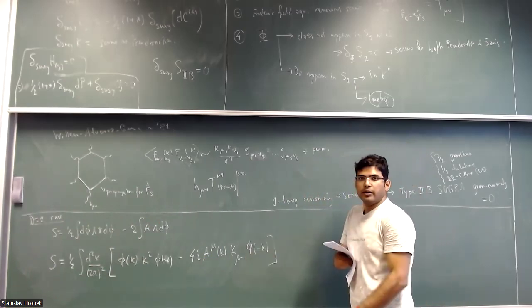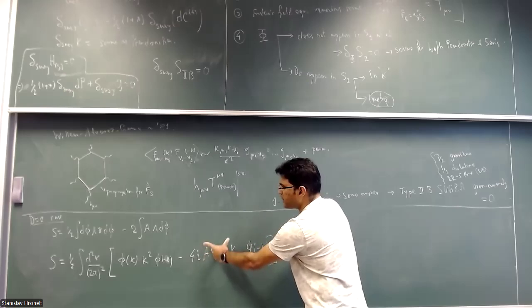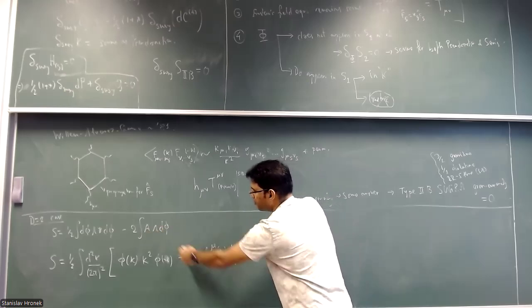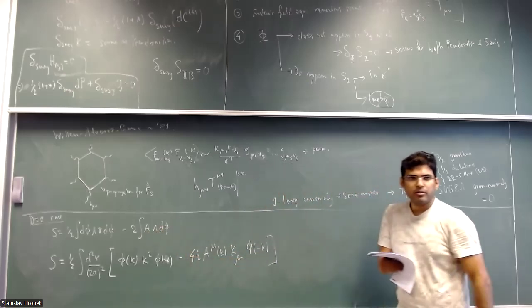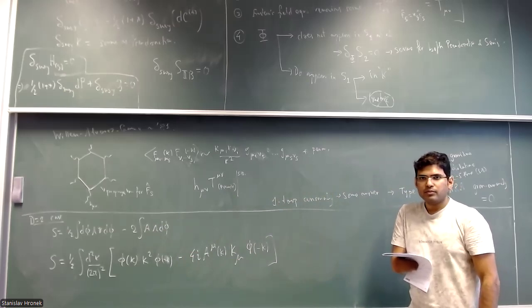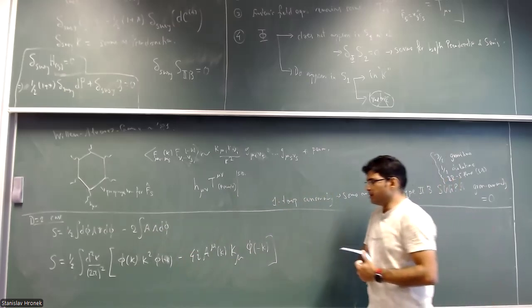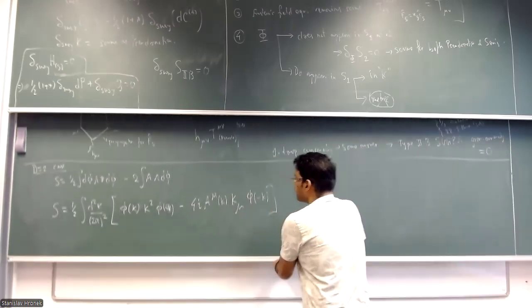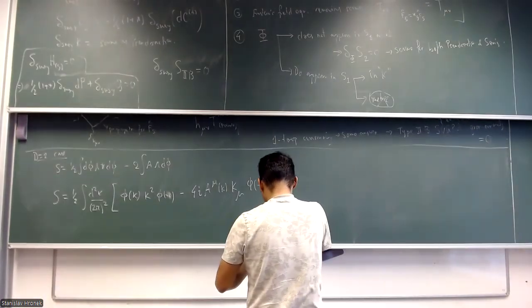Everybody agrees? I just took this inside the bracket with the overall half, so that's why that will be given by 4. That's the only thing. Otherwise, it's just a simple Fourier transform.